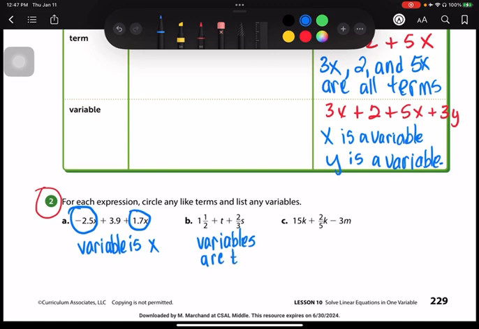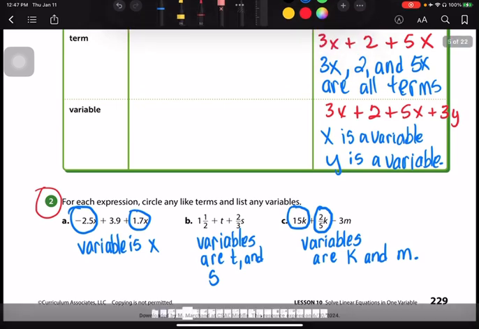The variables are t and s. And for letter C, your like terms should have been 15k and 2/5 k. In this case, you have two variables: k and m.